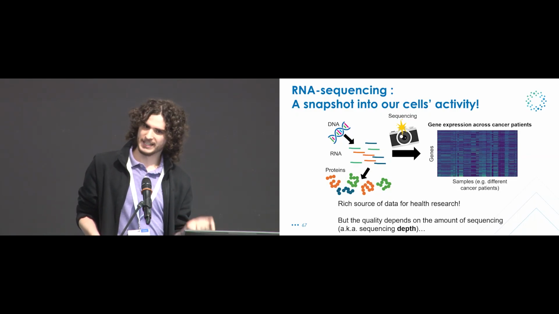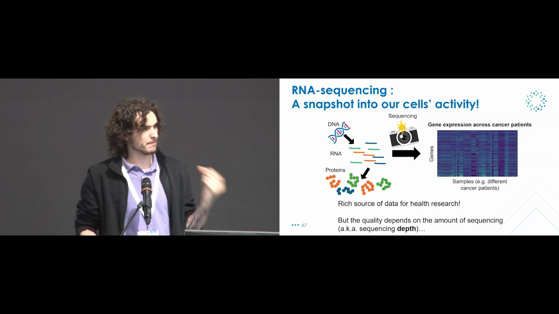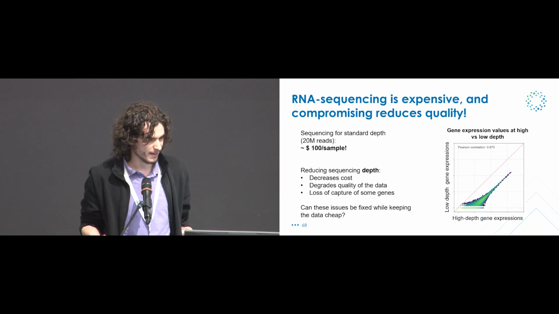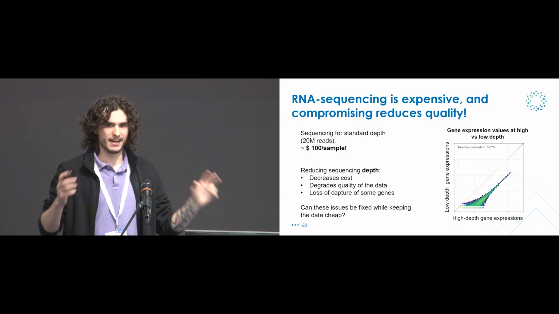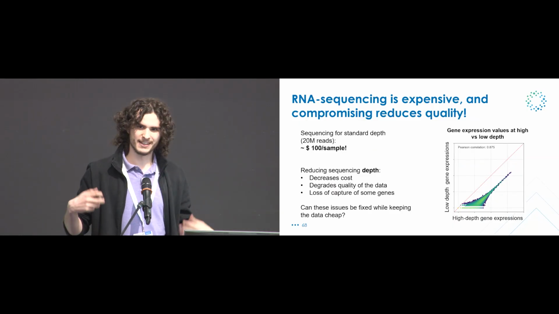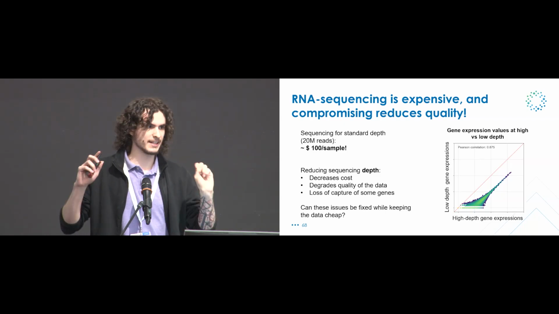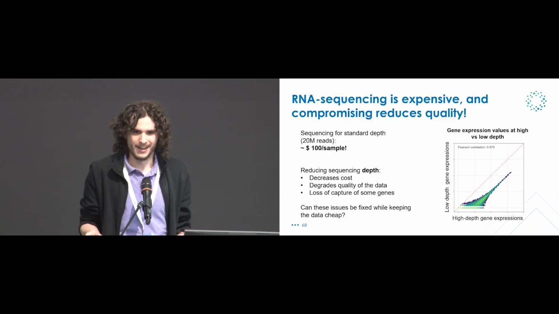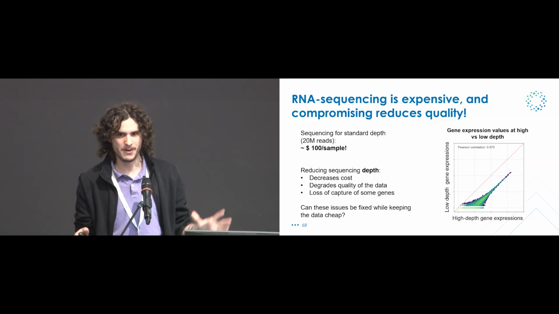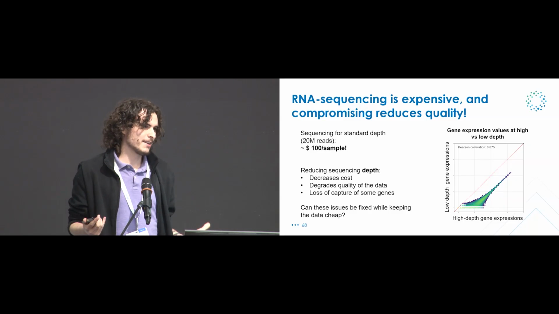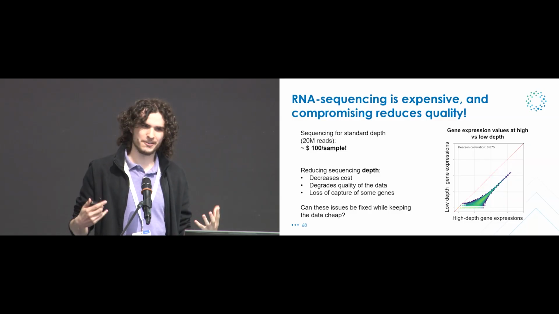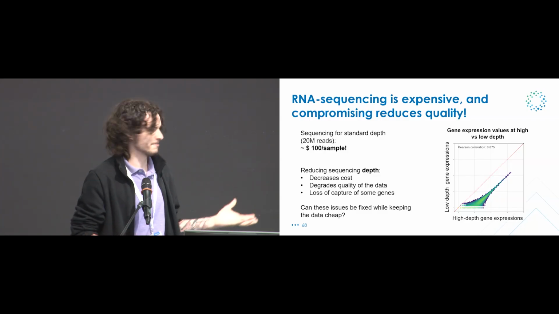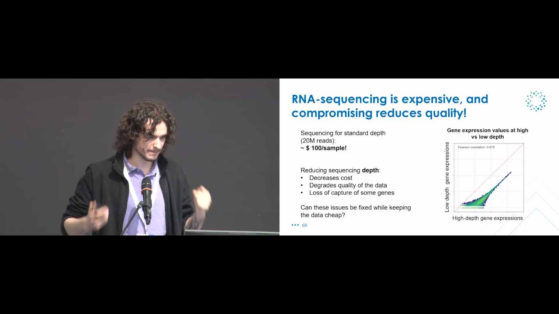But the quality of the data will depend on the amount of RNA we're sequencing, which is known as sequencing depth. And unfortunately, at the standard amounts of sequencing, just for the sequencing costs, it's around $100 per sample, which is a lot and can be reasonable in smaller experiments, but we want to train models, and models require tens of thousands to millions of samples, meaning that this starts to become very pricey.